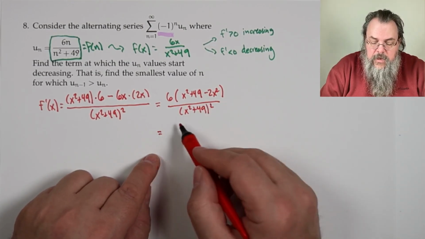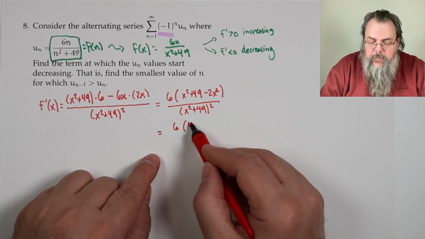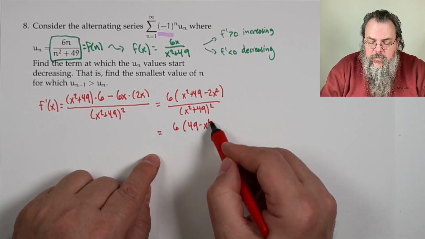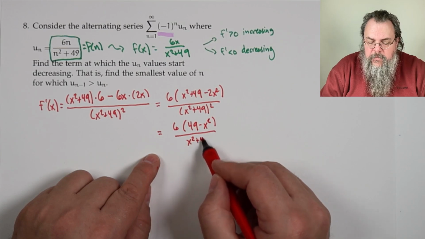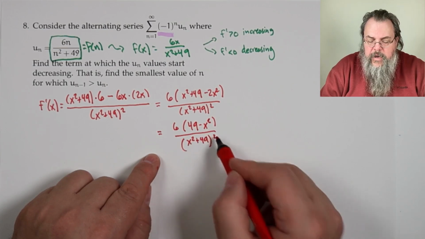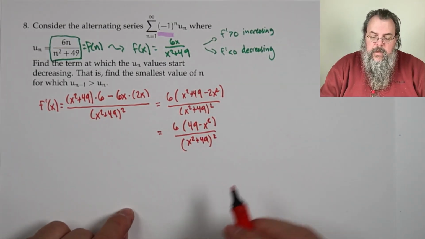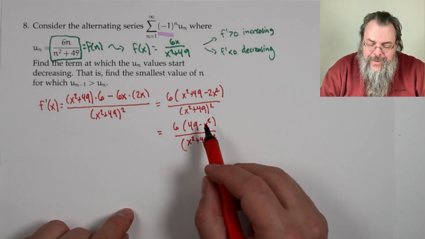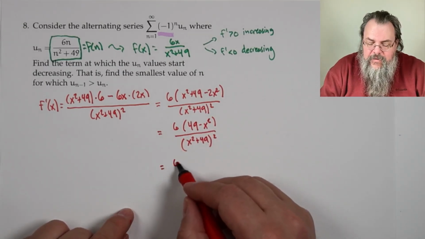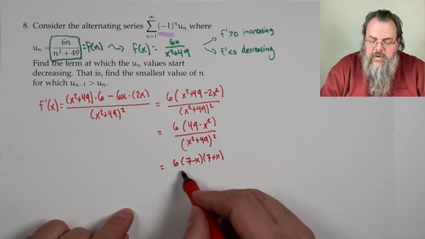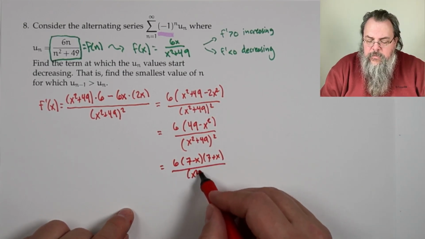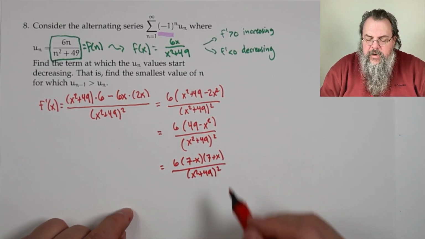And then that makes it 49 minus x squared over x squared plus 49 squared. And 49 minus x squared, 49 is a square, so this is really 6 times (7 minus x)(7 plus x) over (x squared plus 49) squared.